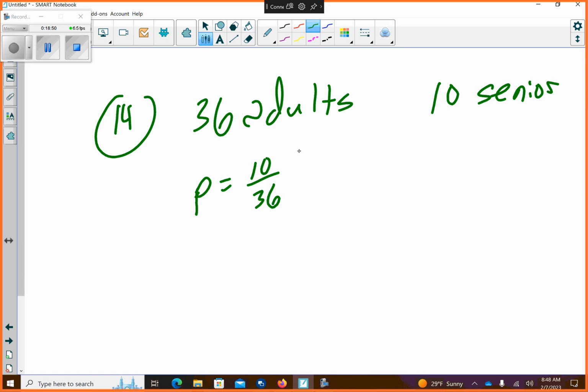Somebody divide that out on a calculator. Tell me what you get, please. 10 divided by 36. 0.28. Ooh, okay, I'm off. Why am I off? Oh, that was p hat.